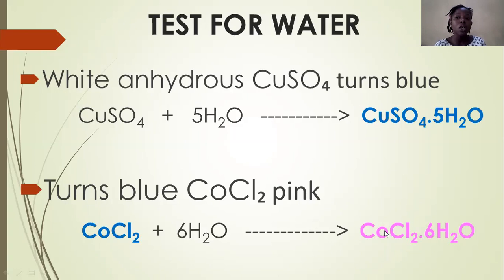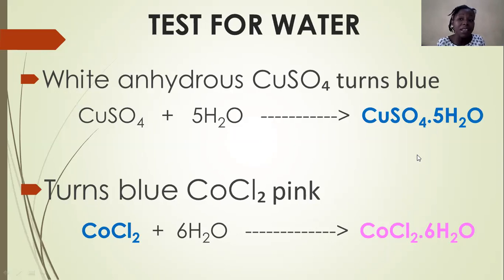But once you test the substance with a litmus paper and it turns blue litmus to red, you know that it is an acid, so there's no need to do this. But once it is neutral to litmus, whether blue or red, you should be saying, okay, probably it's water. But remember, some salts are also neutral to litmus.